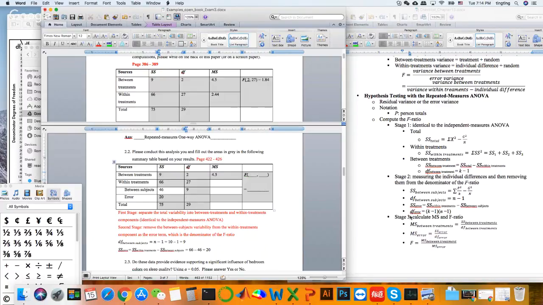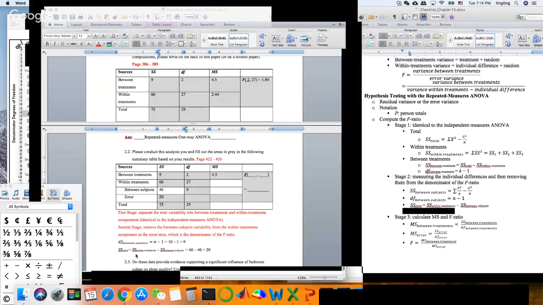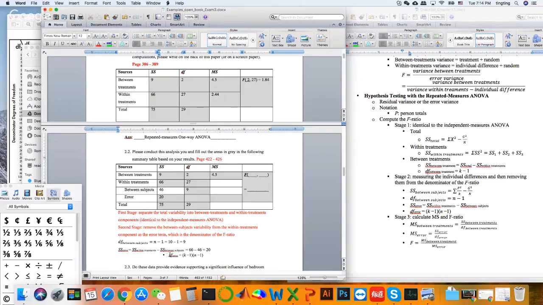And then its DF, right? We have the formula equals to K minus 1. K is the number of conditions, number of levels. So number of levels, we have 3 levels, right? 3 different colors. And N minus 1, 10 minus 1, which is 2.